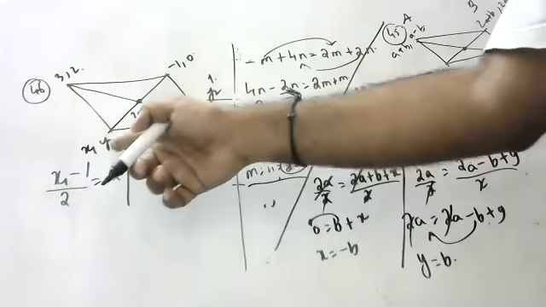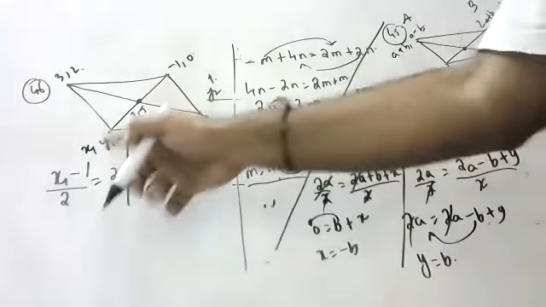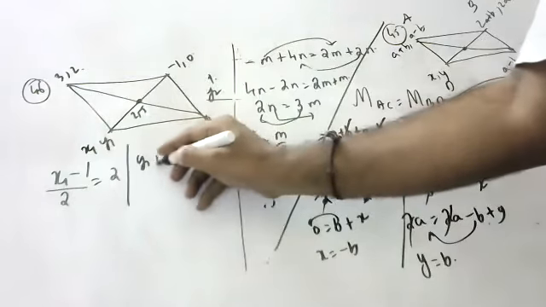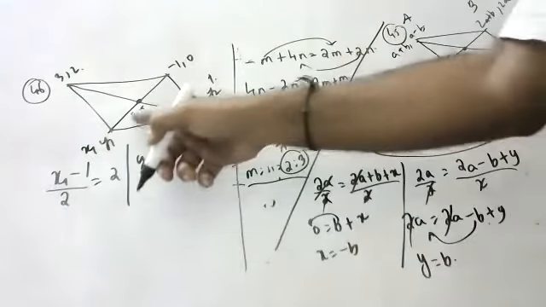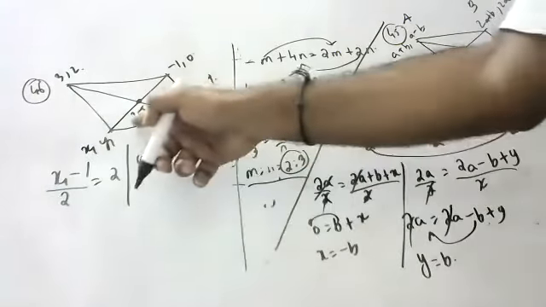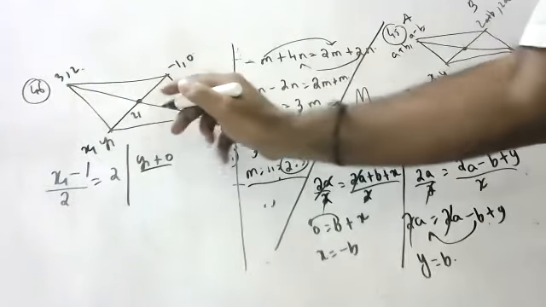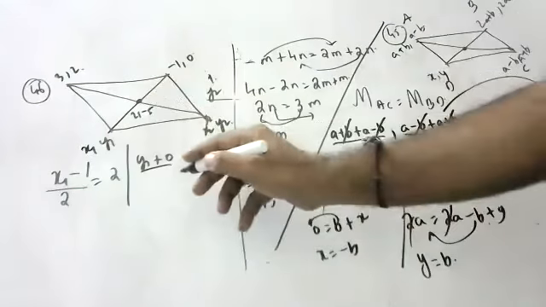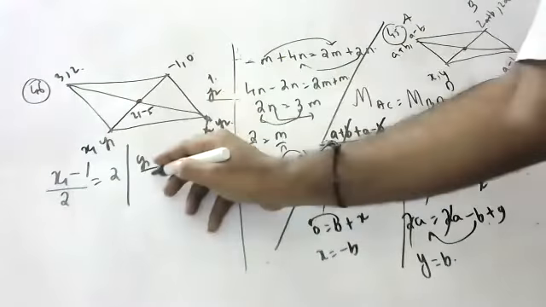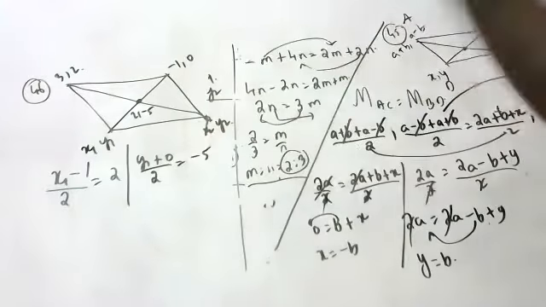What is the midpoint, sir? This is the midpoint. What are you listening to in the class? I told you these are midpoints, 2 comma minus 5. y1 plus 0 by 2 equals minus 5.